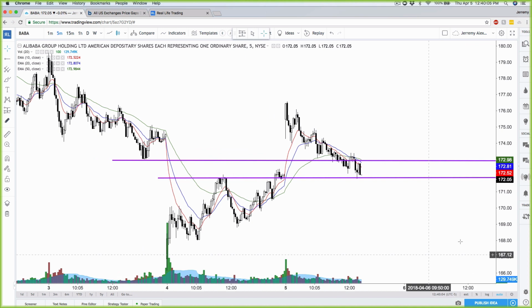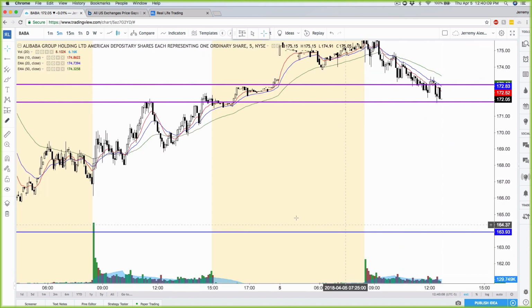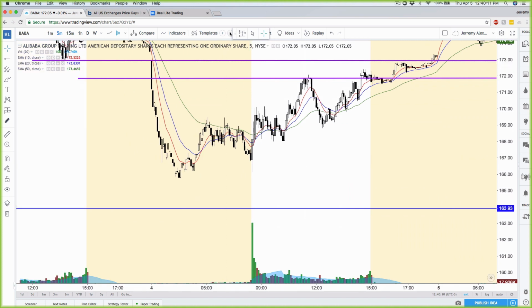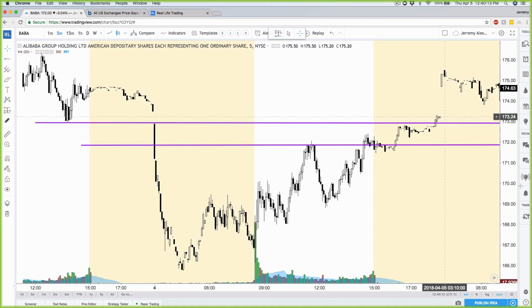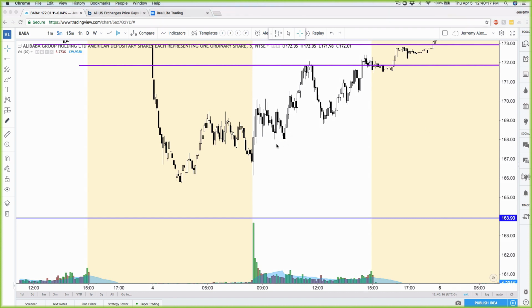So here's the 5-minute chart. And the 5-minute chart is going to be a little different, in my experience, with bullish fades. So, as mentioned, these need to move quickly.